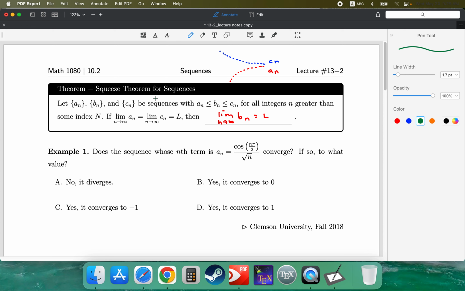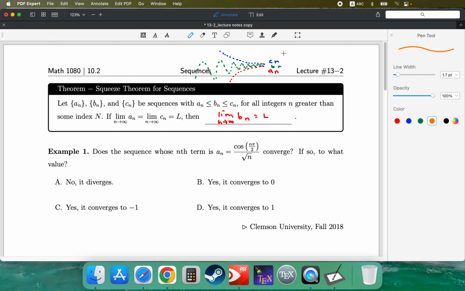And we have a sequence b sub n, but I don't really know how this sequence behaves. It might look like this. But one thing I'm sure is that b sub n, eventually, will be between a sub n and c sub n. I don't really care how it behaves, but eventually these green dots will be between the blue dots and the red dots.